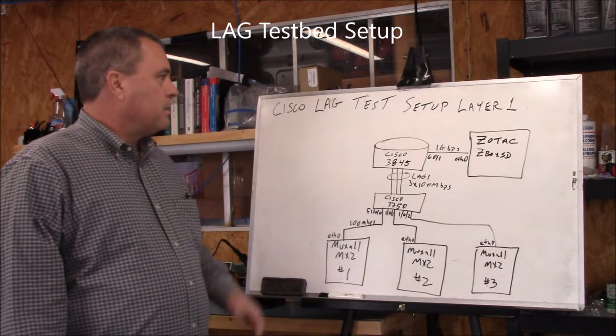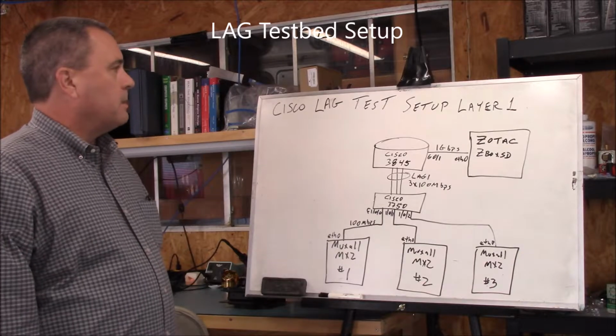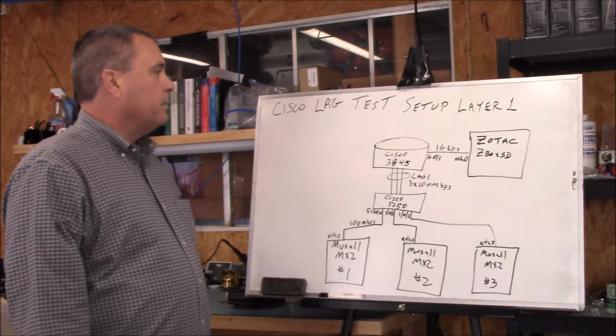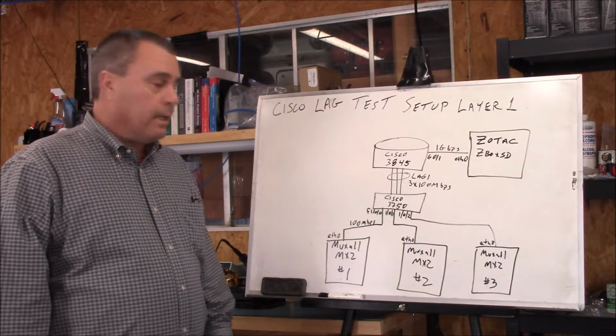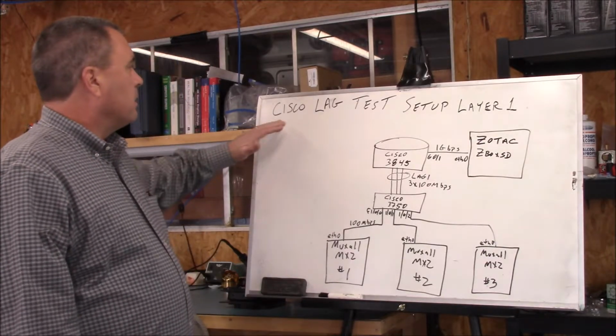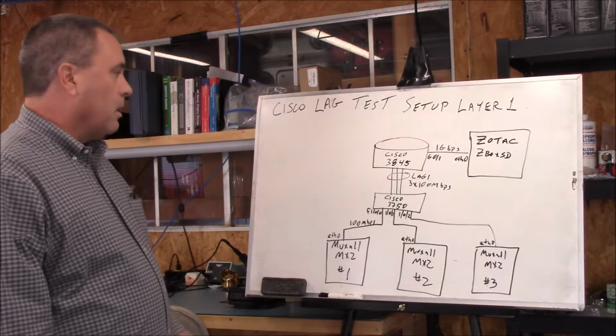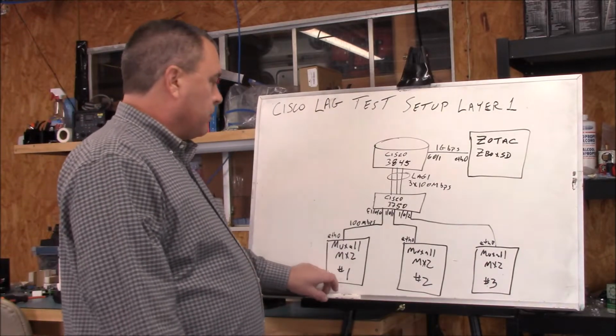Okay, we're going to get started on the test setup, and as any good network engineer will do, you always start with layer 1. So here's the Cisco lag test setup layer 1 drawing, and we'll go over this real quick.